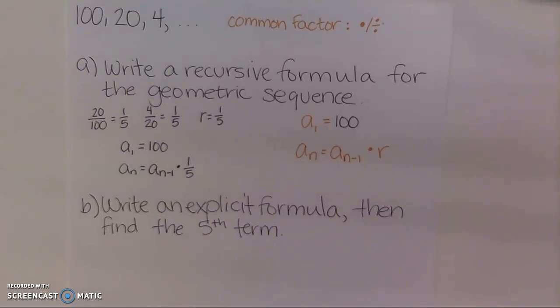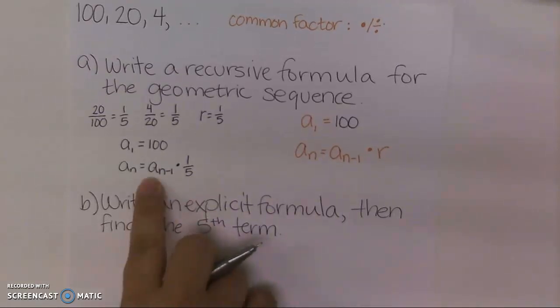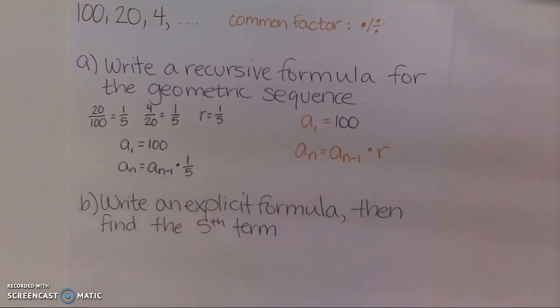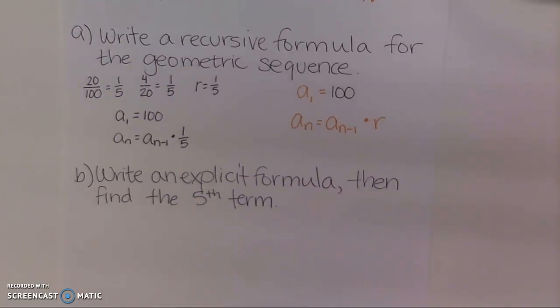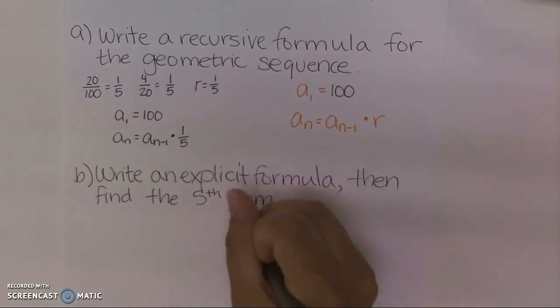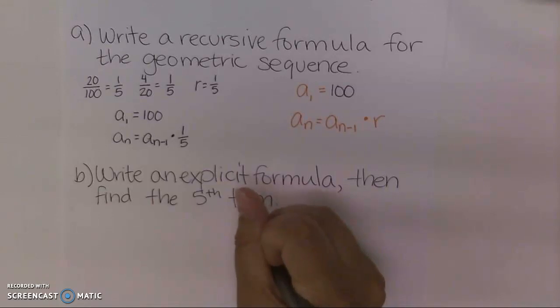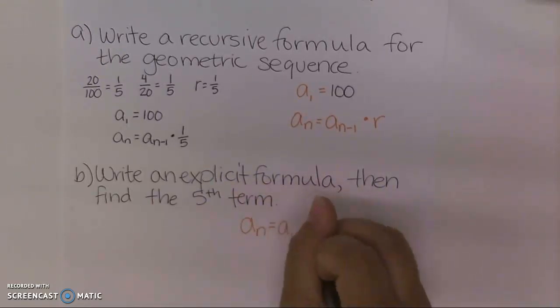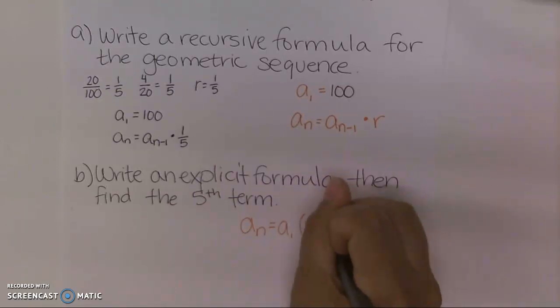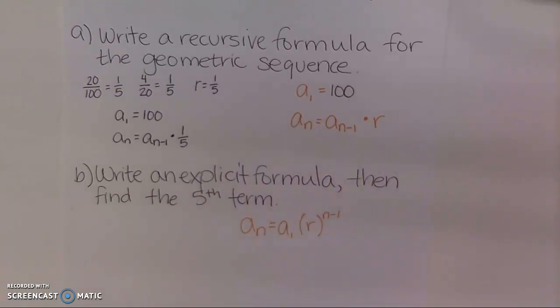Now, recursive formulas are not nearly as nice because you always have to have the term before in order to get the next term. But explicit formulas are way nicer because you don't have to have that. So the formula for an explicit geometric sequence is a sub n equals a sub 1 times r to the n minus 1.